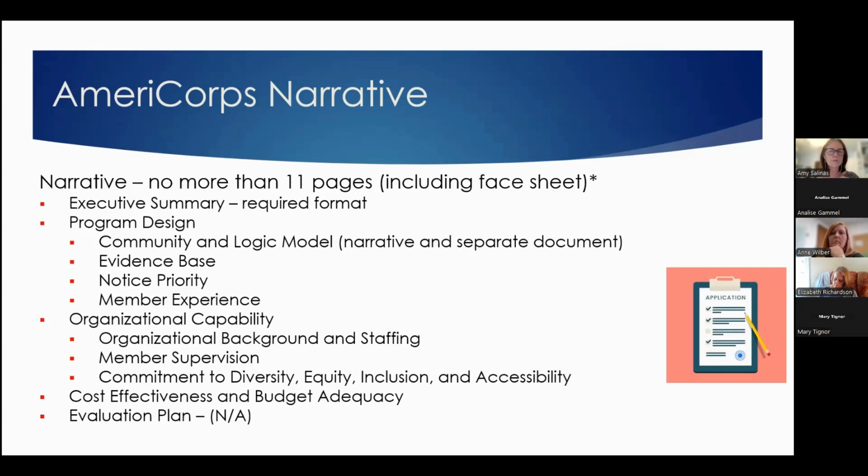So there's nothing stopping you all from starting to work on this now, and don't wait until their NOFO or RFA comes out in February. Start working on it now, because essentially the elements will be the same. So we're going to walk through all of these and talk to you a little bit about each.